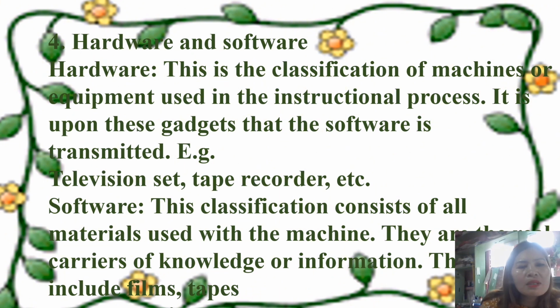Examples, television set, tape recorder, etc. Software, this classification consists of all materials used with the machine. They are the real carriers of knowledge or information. They include films, tapes, transparencies, and others.